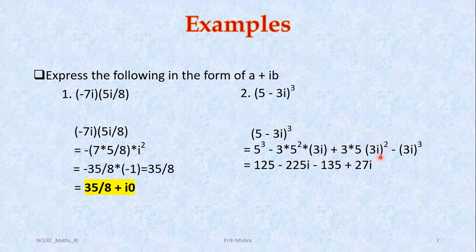After putting the value of i square, it will be minus 135. Now, after solving this term, we are having plus 27i. So the final result, we are having minus 10 minus 198i. This is the complex number in the form of a plus ib for this given question.